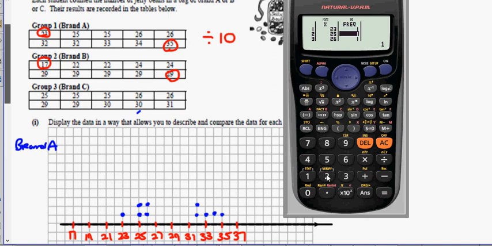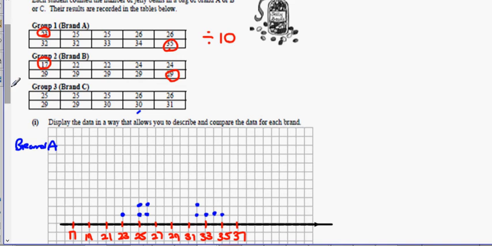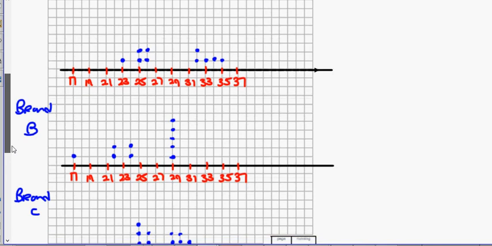How many 25s? 2. How many 26s? 2. How many 32s? 2. Then 1 each for 33, 34, and 35. Press your clear button. Go to Shift, Stats, Variable, number 2. What's our average? 29.1 sweets per bag.